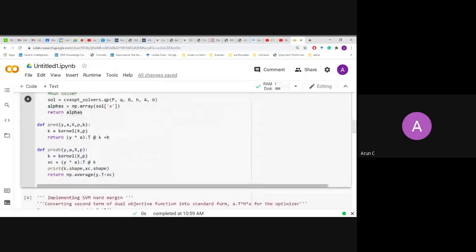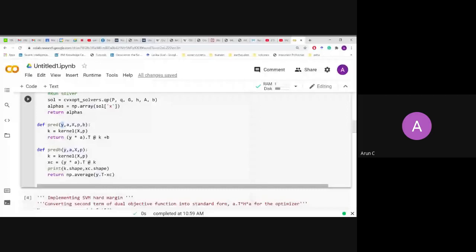Then you can use this for predicting Y. Predicting Y means for a given X, whether it belongs to class 1 or class 0, so either it is above the hyperplane or below the hyperplane. I hope this is making sense to you. Then you are returning that based on your prediction.